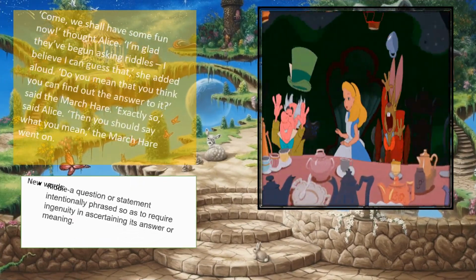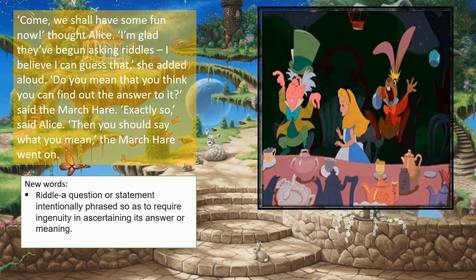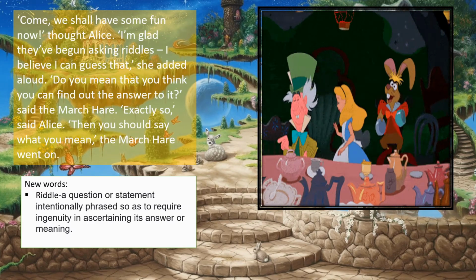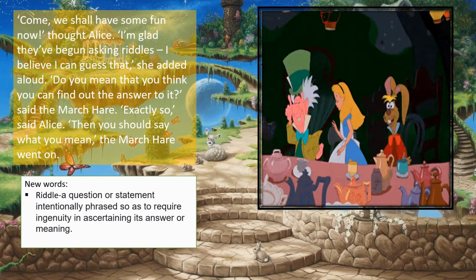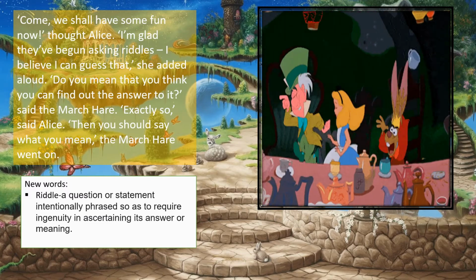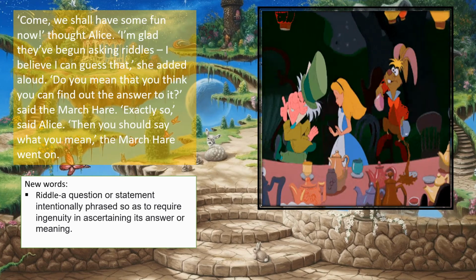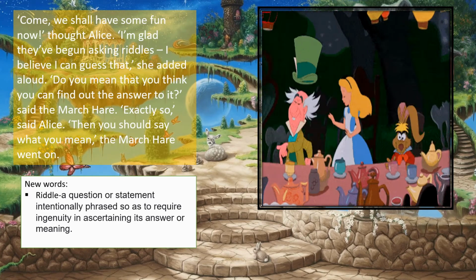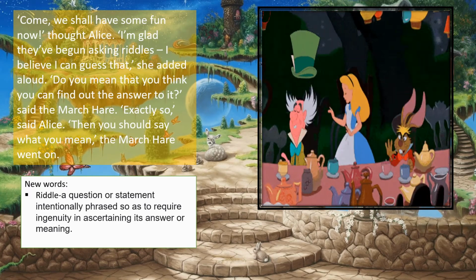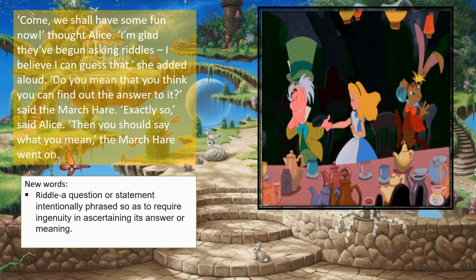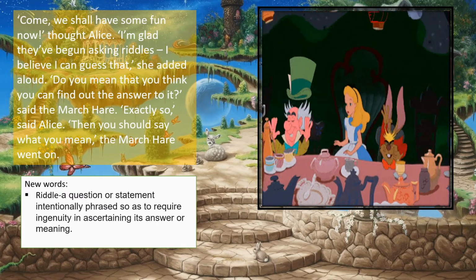"Come, we shall have some fun now," thought Alice. "I'm glad they have begun asking riddles. I believe I can guess that," she added aloud. "Do you mean that you think you can find out the answer to it?" said the March Hare. "Exactly so," said Alice.